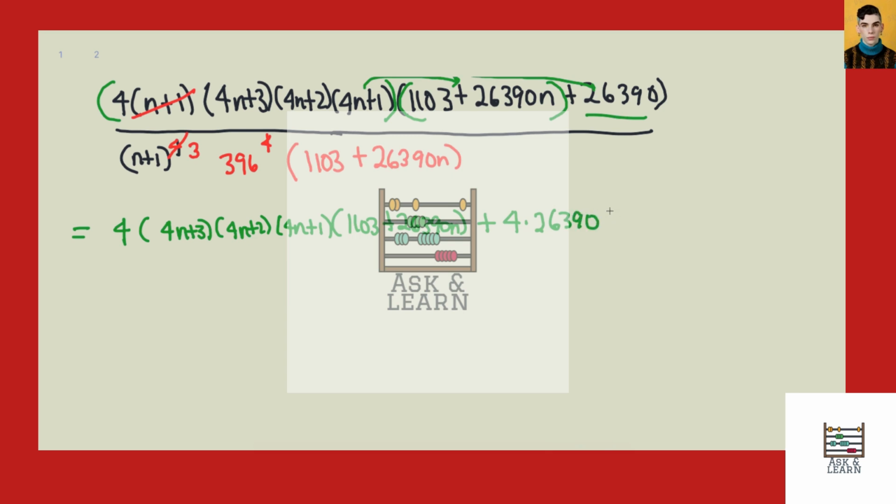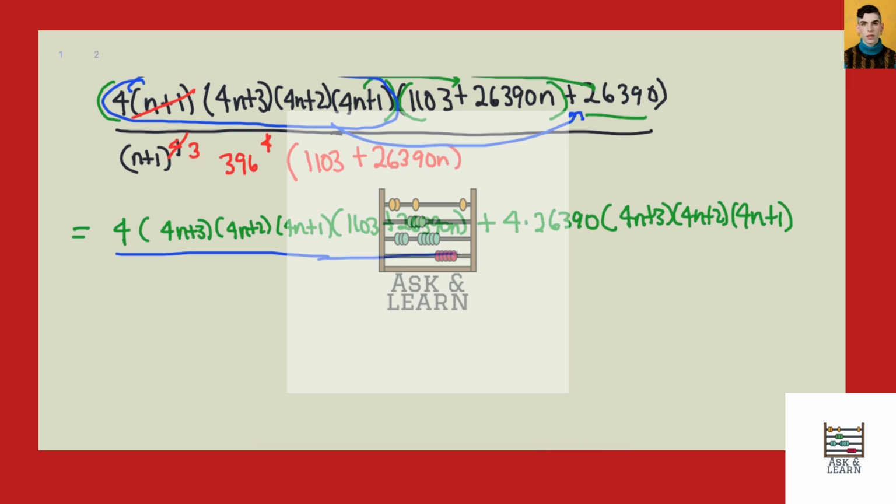And then I'll write the remaining 4n terms. So 4n plus 3, 4n plus 2, 4n plus 1. So again, all we did was we distributed this term here that I'll circle in blue. We distributed this through the parentheses here. And you'll see shortly why this is a good idea. In the denominator, we still have our same term.